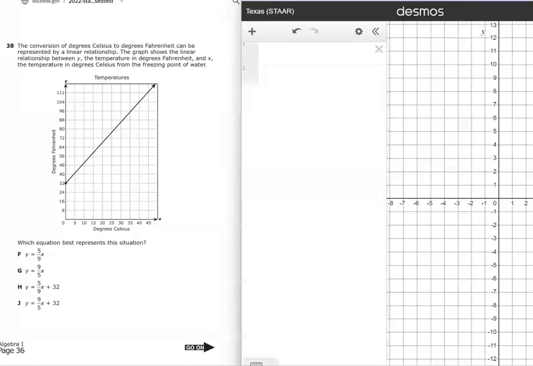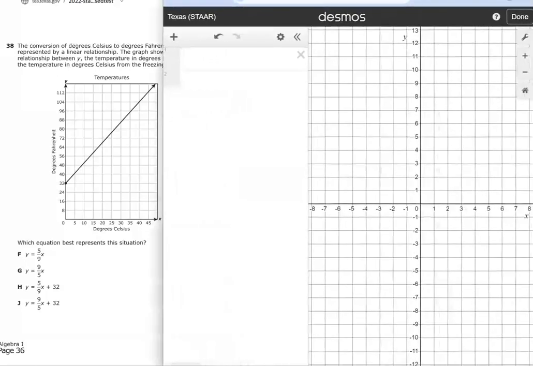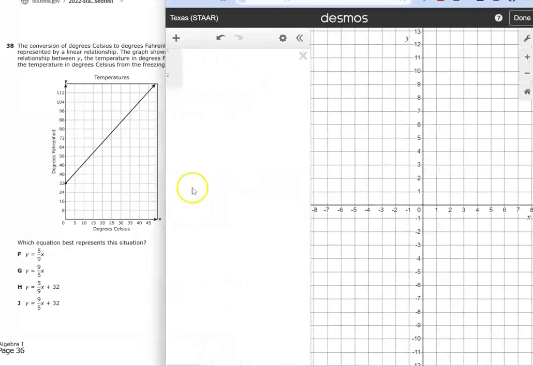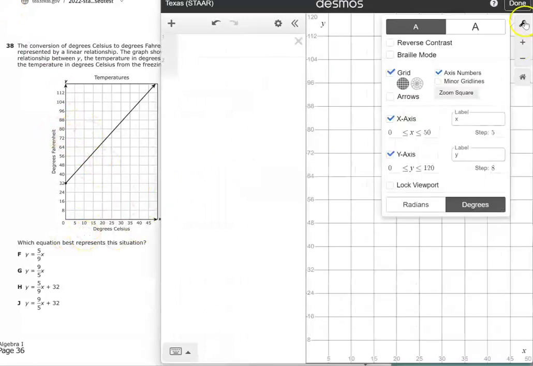So what we'll do is we'll type in each of these answer choices, but first we're going to have to spend some time adjusting the window on the graphing calculator to look more similar to the one that you see on the test. When you click on the wrench in the top right-hand corner, you will adjust your x-axis to go from 0 to about 50, because that's what it appears to do here.